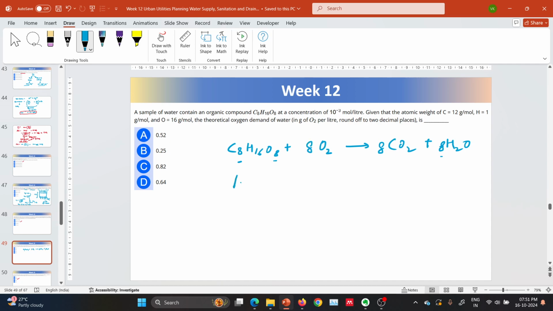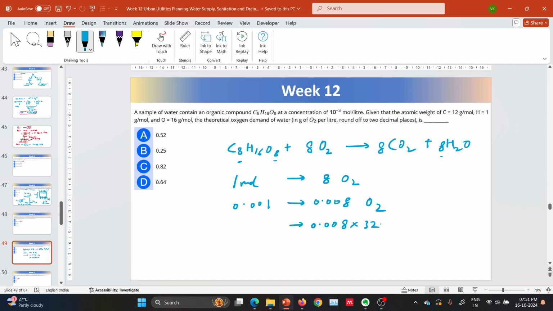So 1 mole of this will require 8 moles of oxygen. So 0.001 mole will require 0.008 moles of oxygen. So 0.008 moles, and the molecular weight of oxygen is 32, that is 16 into 2, 32.